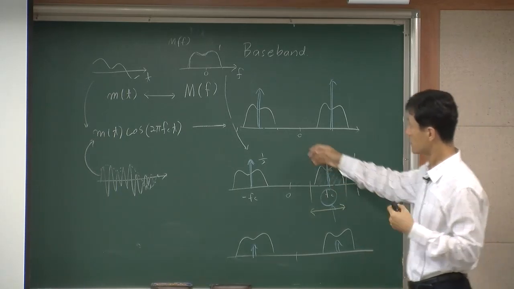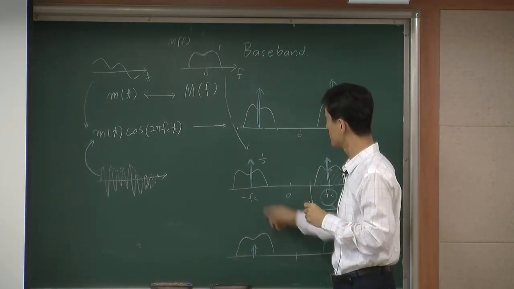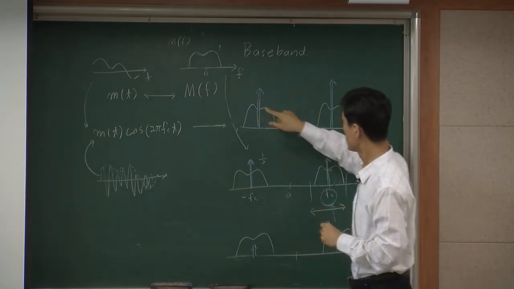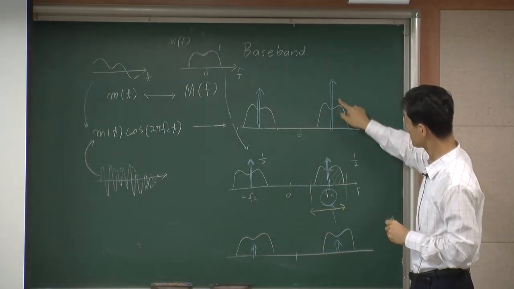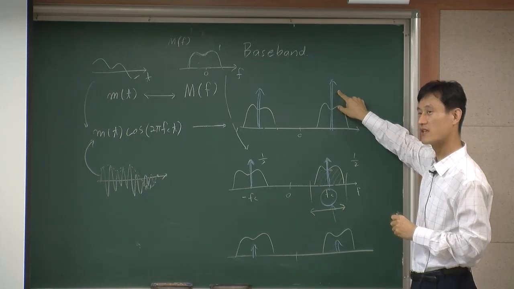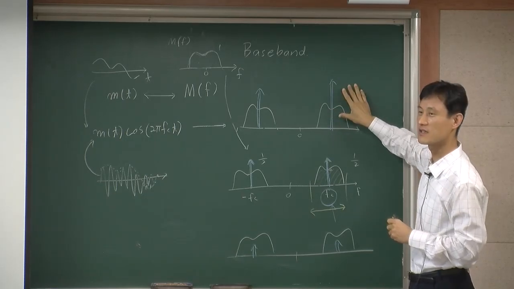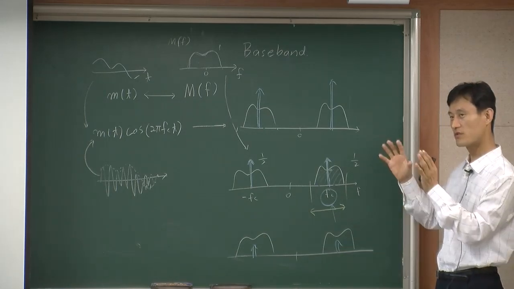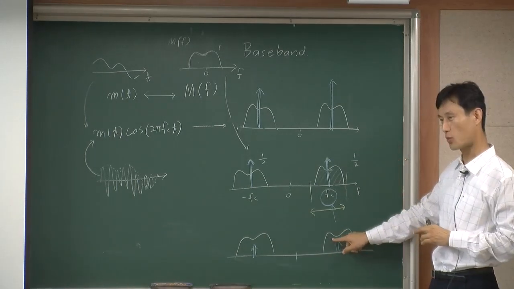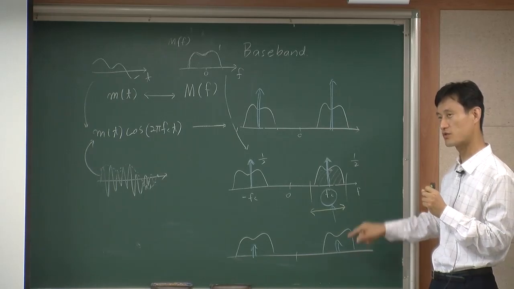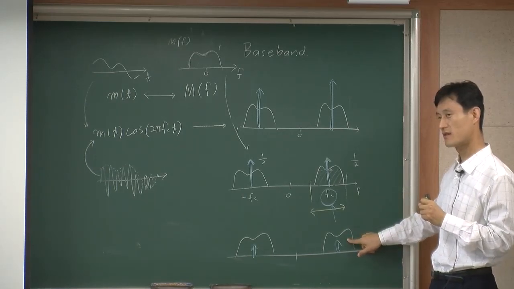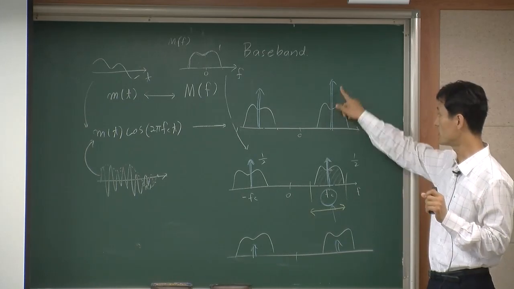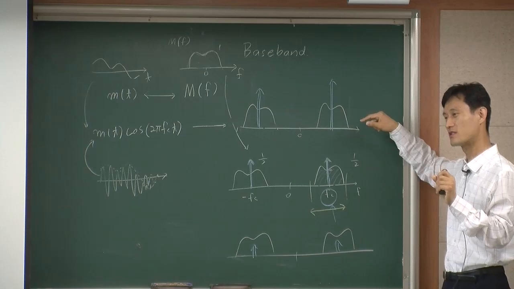Why? Because we have limited energy. We have only this energy, and this limited energy will go to the white one and also into the blue one. And the blue one is a waste. So you are wasting a lot of energy in this case. In this case, you are wasting only a small energy, and most of the energy goes to the white part. The white part is what we need, because your information goes into the white. The blue one has no information, just energy.